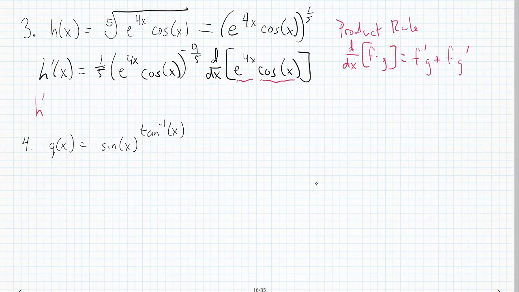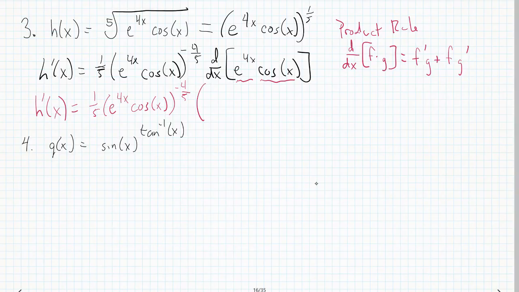So h prime of x will kind of go through. We'll get 1/5. You could put this down in the denominator, but it's not necessary as long as we see what's going on here. E to the 4x times cosine x, then you get a negative 4/5.